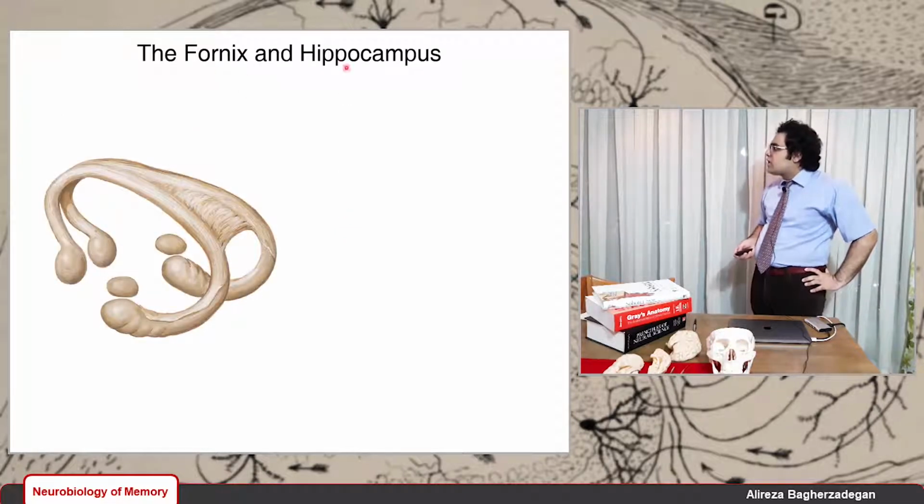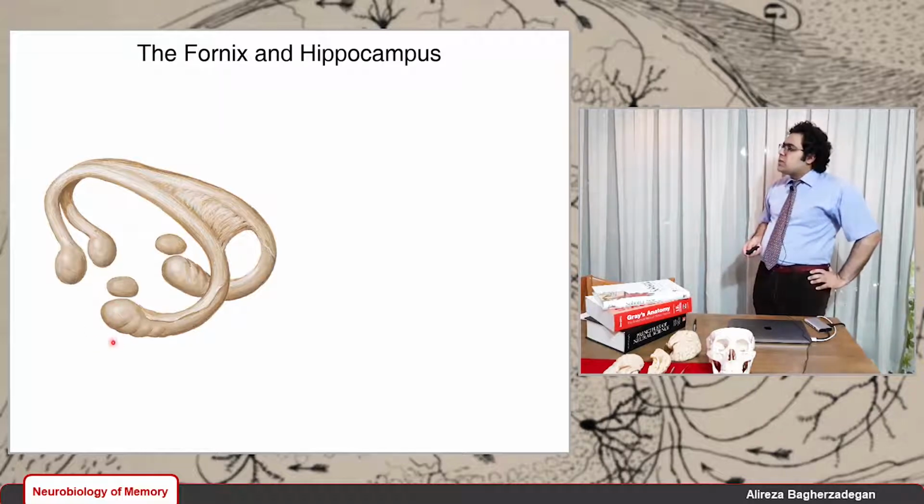Let's talk about the fornix and the hippocampus again. The hippocampus has a head, a body, and a tail. The head is slightly expanded relative to the body and the tail, and it bears two or three grooves, and these grooves are called pes hippocampi.